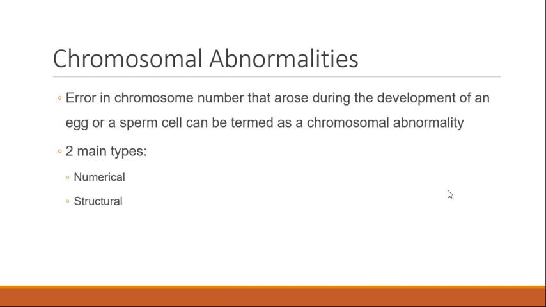Then there is a structural abnormality, when there is an alteration of the structure of the chromosomes, as in within a pair of chromosomes, one of the chromatids gets deleted or one area gets deleted. Then there is a duplication of a region of the chromosome. Then there's translocation, inversion of the chromatids.